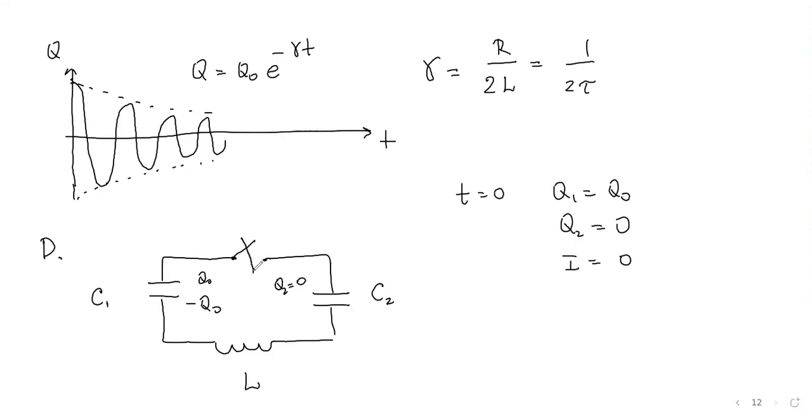And then I would like to close the switch. So then what will be Q1 as a function of time? What will be Q2 as a function of time? And what will be the current as a function of time?